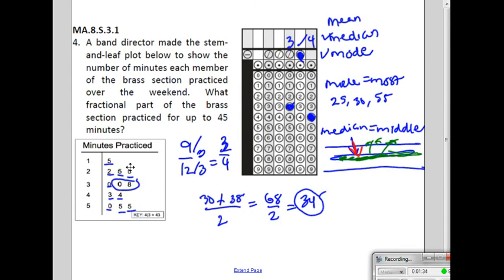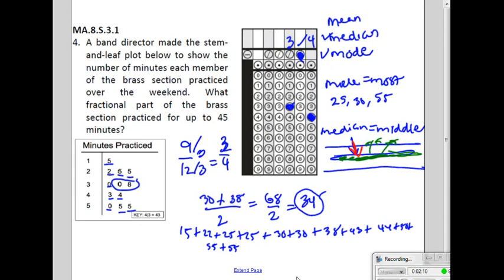That is actually the easiest calculator problem to do, just adding all the data up and dividing by the amount that there are. So 15 plus 22 plus 25 plus 25 plus 30 plus 30 plus 38 plus 43 plus 44 plus 50 plus 55 plus 55.